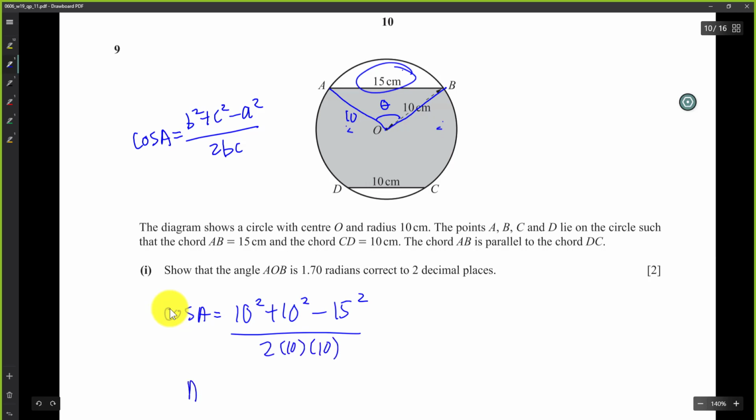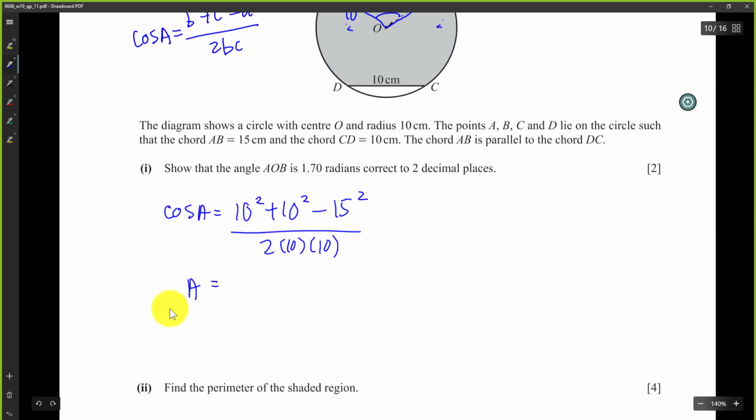Then I will inverse cos my answer to find the angle. But because this topic is in radians, before you do that, always make sure you change your calculator to radian first. If you are using this model, you need to change the angle unit to radian. So straight away do inverse cos.